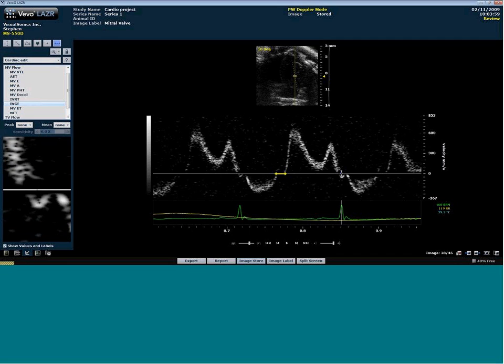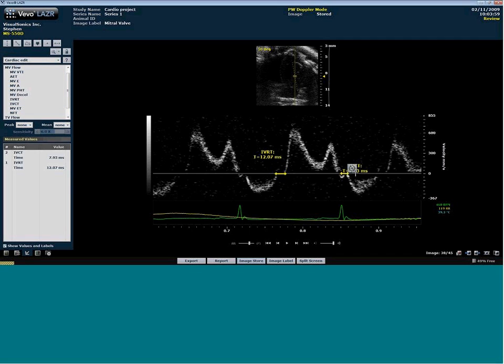So that's where the A peak hits the line and where ejection starts to happen. So I want to move that up out of the way. So that's IVRT and your IVCT. IVRT goes on the left of the E peak before the E peak hits, and the IVCT, the contraction, goes on the downside just after the A peak, when everything snaps shut.